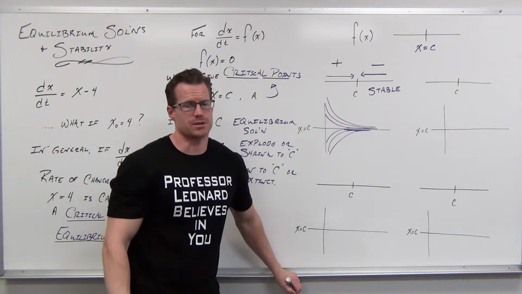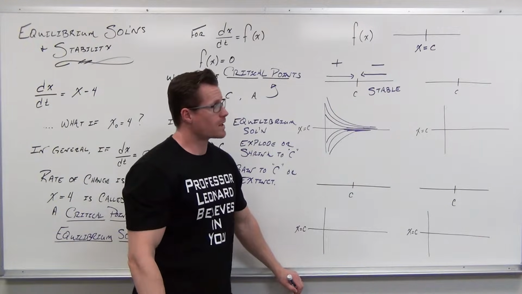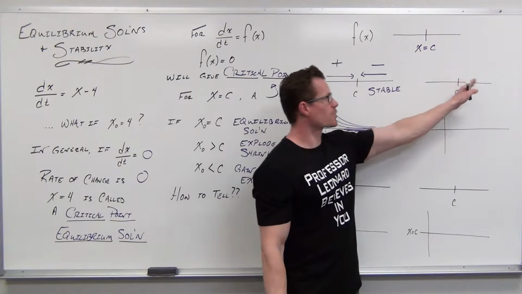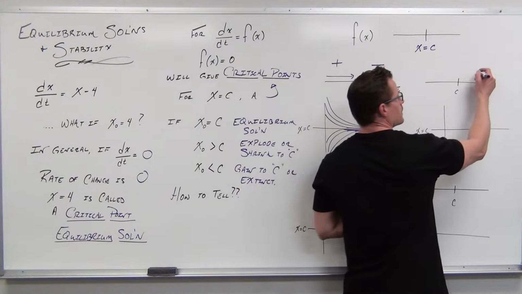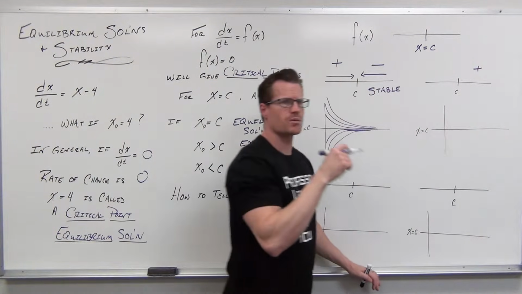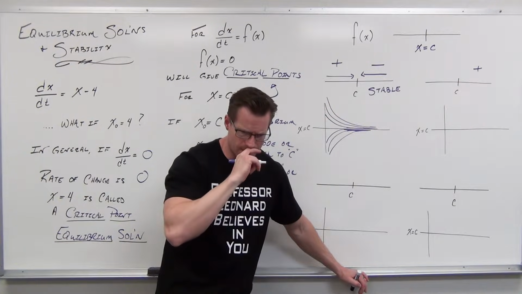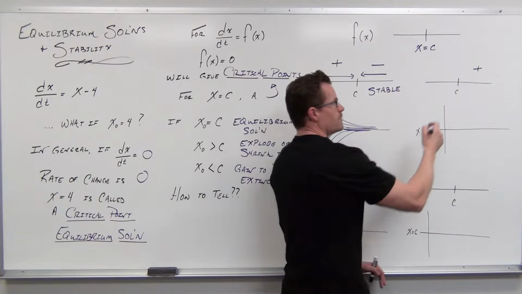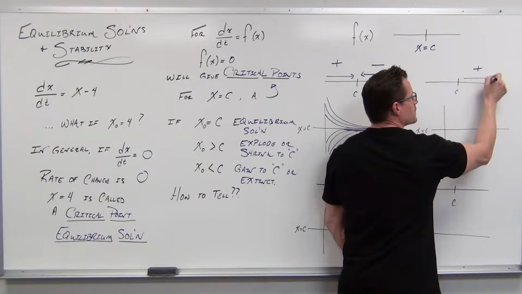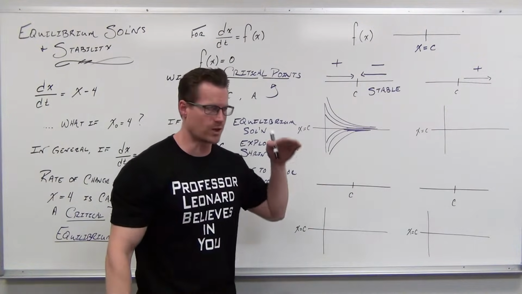So what are the other options? Well, what if you had this critical point and you plug in a number greater than that and you get a positive? That means increasing. So positive slope means increasing. That would be a function going away from that critical point, gaining away from it.